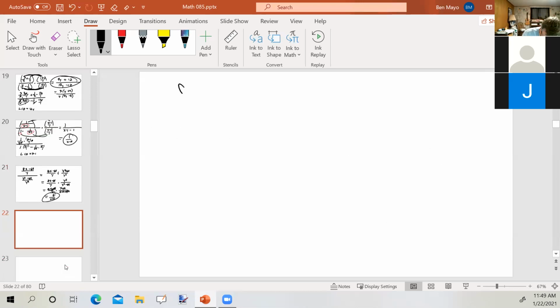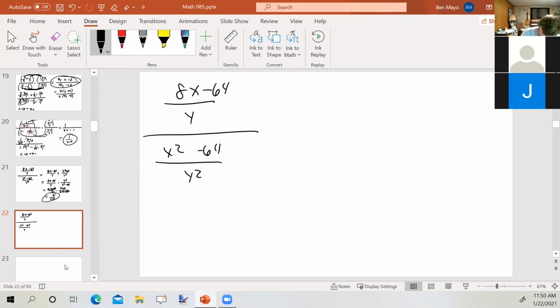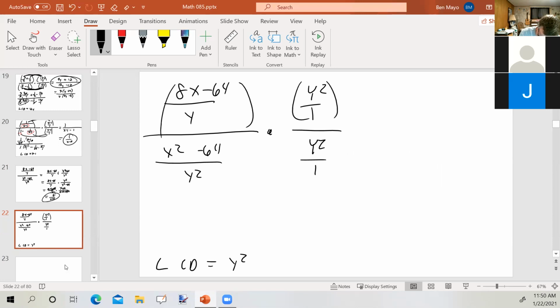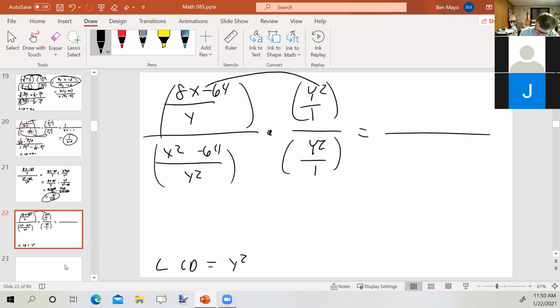So 8x minus 64 over y, x squared minus 64 over y squared. So now the LCD would be y squared. And if we take 8x minus 64 over y times y squared, we get y times 8x minus 64.